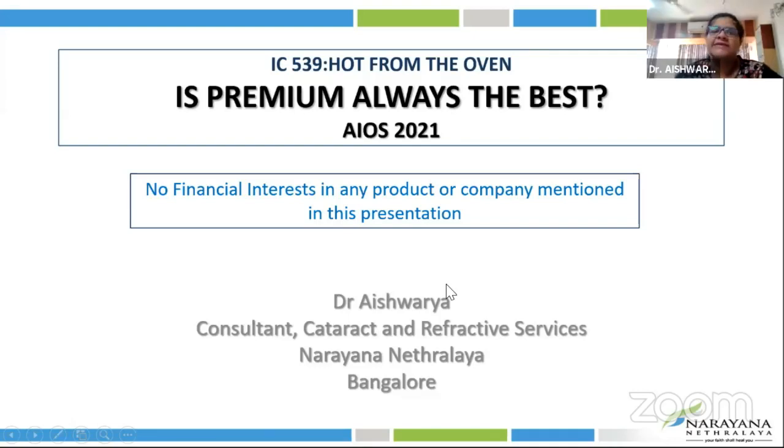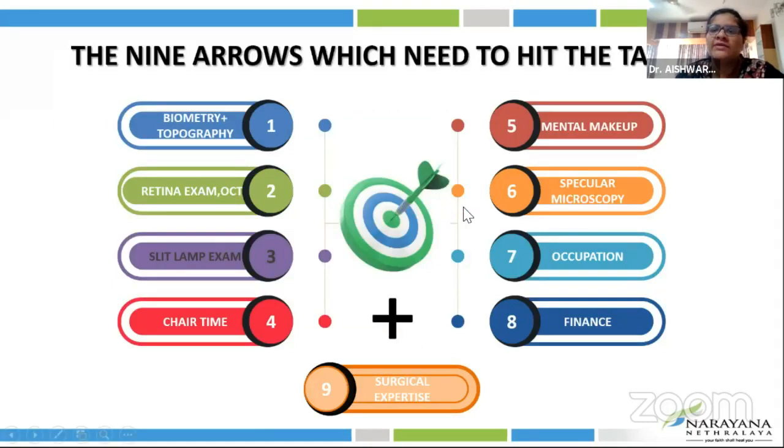So today's topic is: is premium always the best? And I do not have any financial interest in any of the products or the companies mentioned in this presentation. Today, I'll take you through how we need to hit the target when it comes to premium IOLs. We have a 9-arrow system, which is basically the biometry, the topography, the retina exam, the OCT, the slit lamp examination.